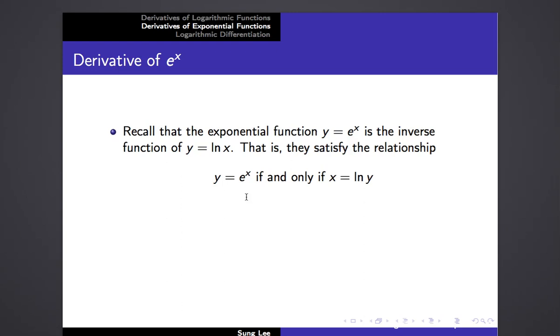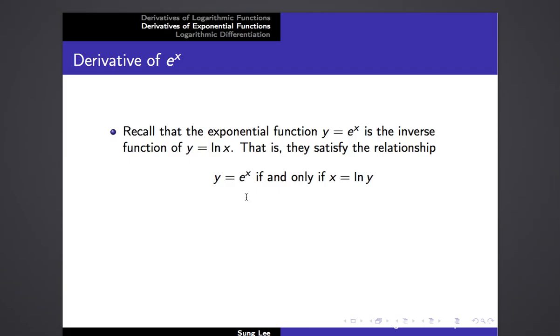However, we don't know how to solve it. We know that the inverse function exists, because the exponential function is a one-to-one function, if you remember, so it always has an inverse function. However, we don't know how to solve x equals e to the y for y.